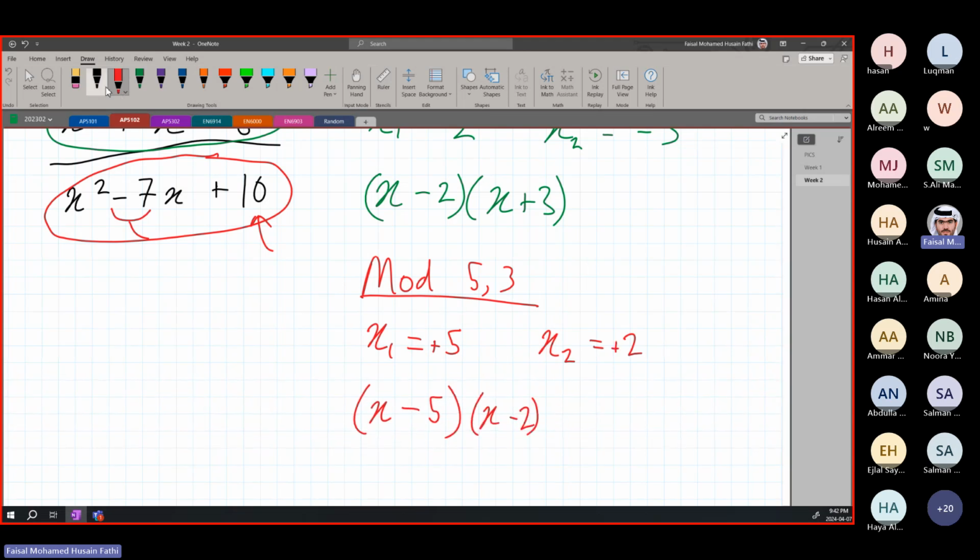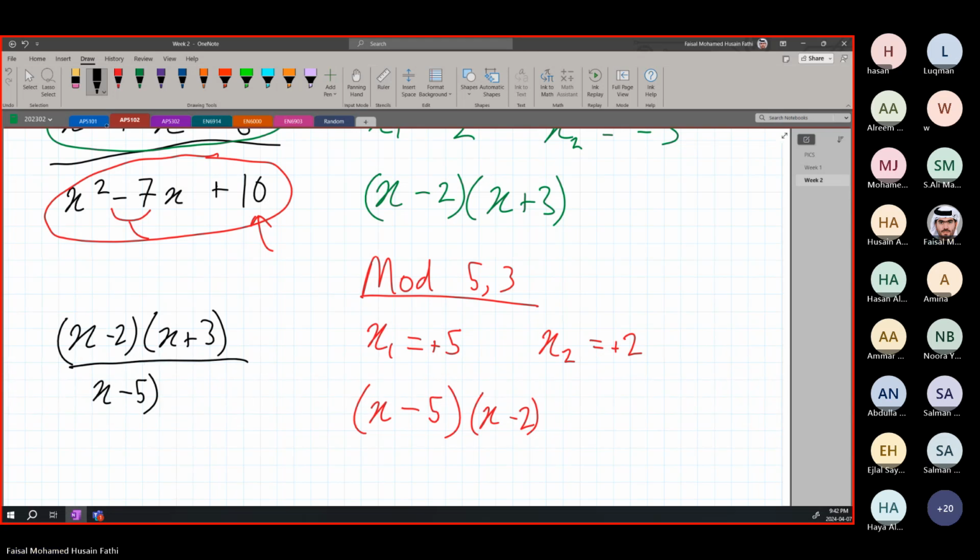And this is a different way of factorizing this. So it's going to be x minus 2 times x plus 3 over x minus 5 and x minus 2, and then cancel, you'll get the same exact answer, x plus 3 over x minus 5.